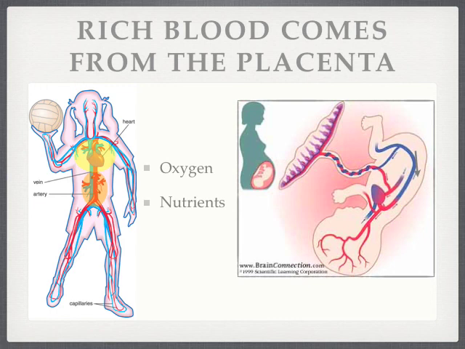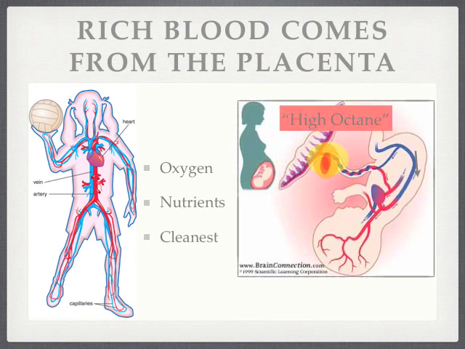We clean our blood in the urinary system here, don't we? In the child, all of those things are in one place. This is great blood, isn't it? This blood comes back from the placenta, oxygenated, nutrified, and cleansed all in one, doesn't it? This is high octane stuff, right?